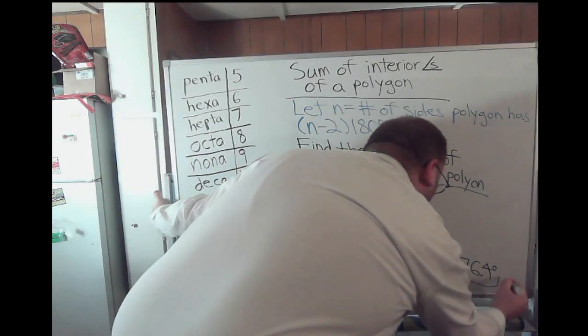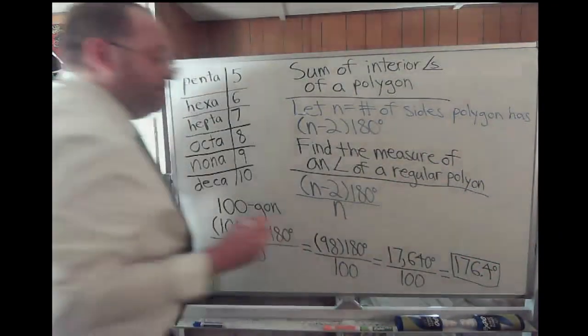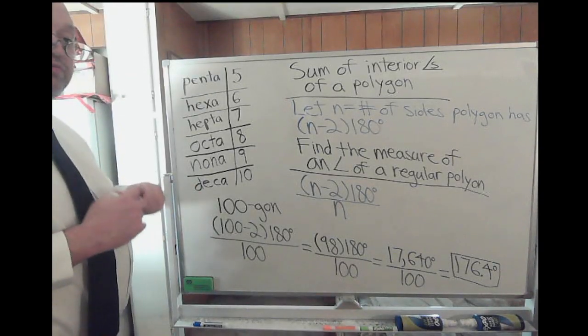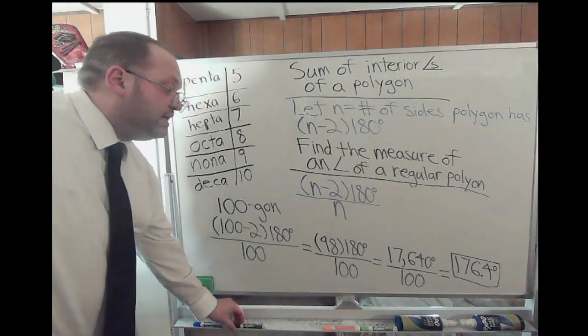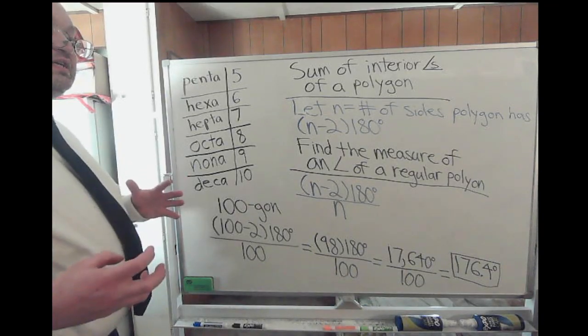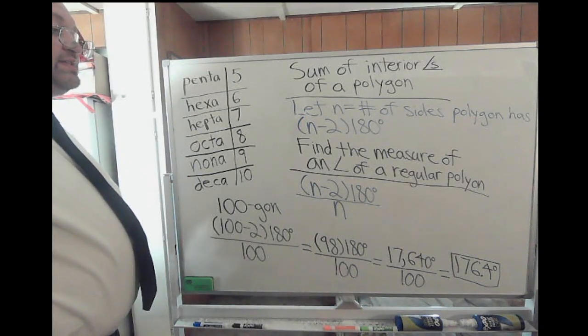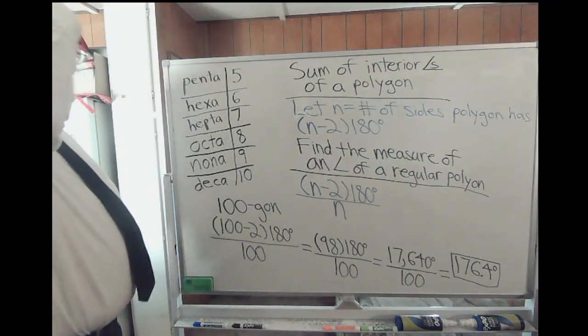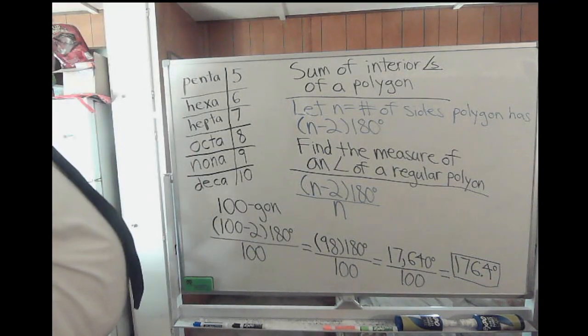So each angle of a regular 100-gon would equal 176.4 degrees. That's almost a straight line. Almost. Very interesting how that works. For each angle, they're almost straight lines, but not quite.